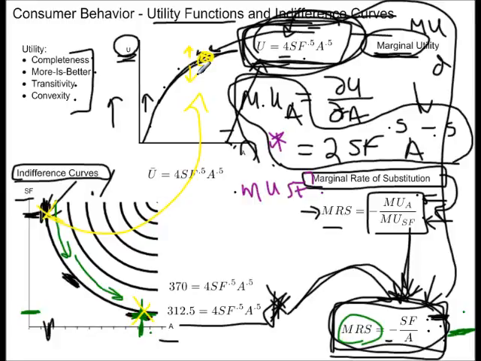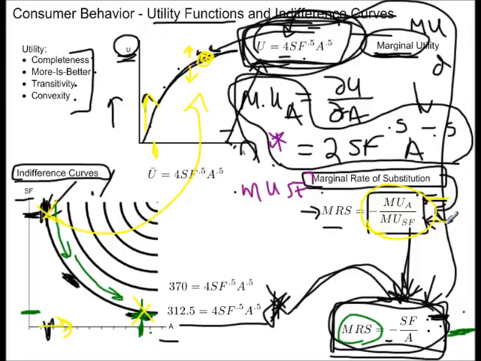Whereas if I'm going to add more apples, but I start out with a small amount of apples, the marginal utility of getting apples is very, very large. We can also think about the ratio: the marginal utility of apples is a very, very large number because having very few apples, additional apples are really valuable, divided by a smaller number, the marginal utility of starfruit, because if I've got a bunch of starfruit, adding one or taking one away isn't going to change my utility all that much.